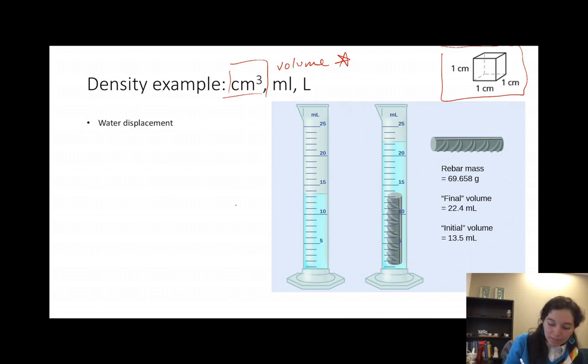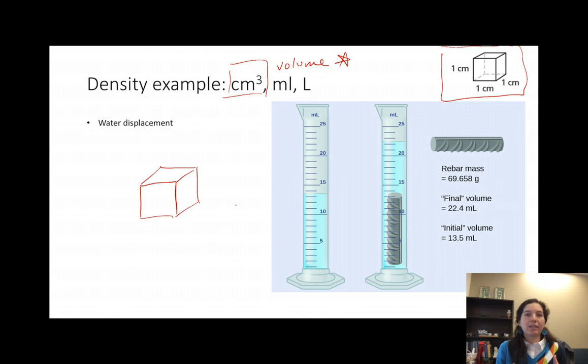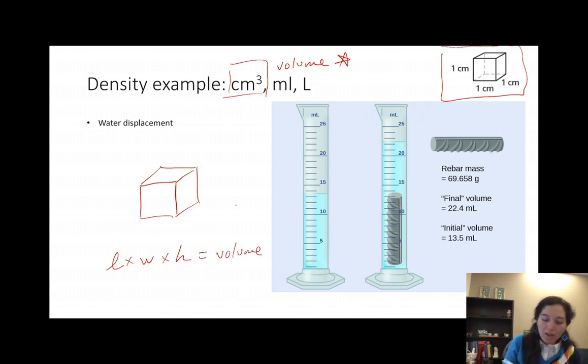So if you look at a square, or a cube here, if you define something by length times width times height, we're going to get the volume of something. So say this is 1 centimeter here, 1 centimeter, that's the number 1. 1 centimeter by 1 centimeter here on this cube, and this cube is also 1 centimeter deep.